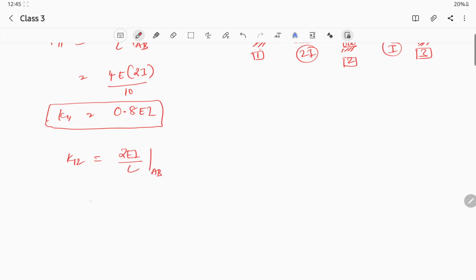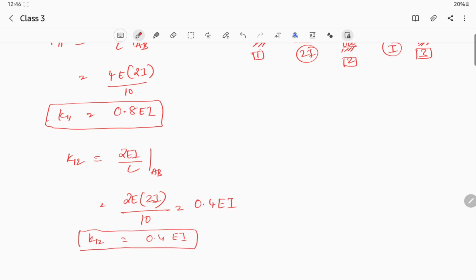So 2E times 2I, divided by 10, is equal to 0.4 EI. So K12 is equal to 0.4 EI. This is the K12 we got.